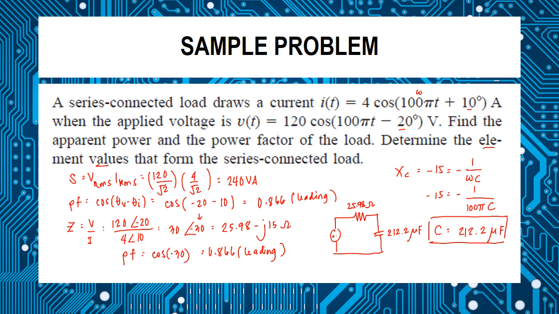For the capacitor, we have X equal to negative 15, equal to negative 1 over omega C. So negative 15 is equal to negative 1 over omega, which is 100 pi, times the value of C. So C is equal to 212.2 microfarad.